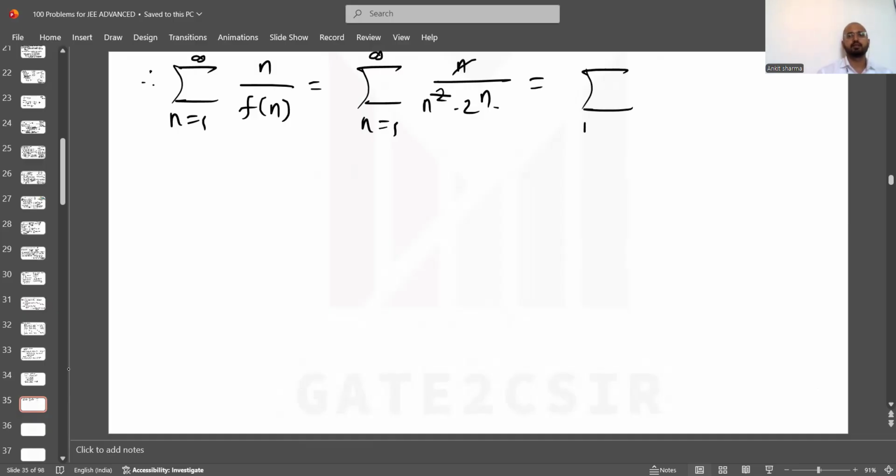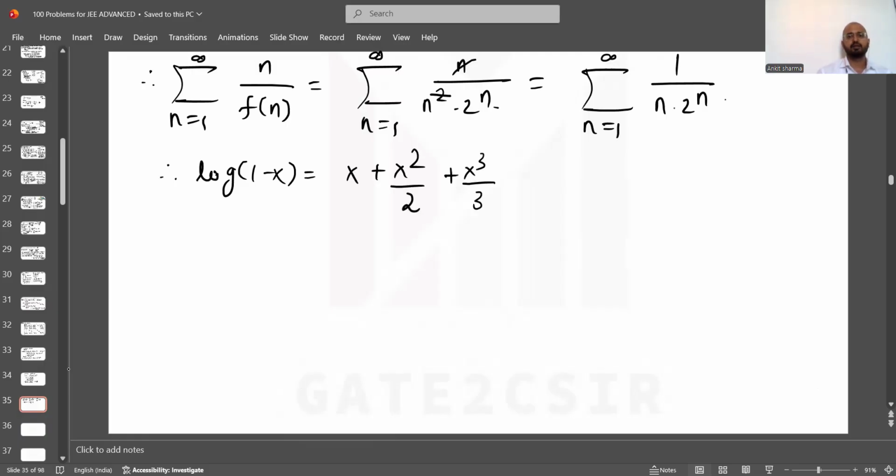I basically get sigma n equal to 1 to infinity 1 upon n into 2 power n. For this we'll consider the log series: log of 1 minus x will be minus of x plus x square by 2 plus x cubed by 3 plus x to the power 4 by 4 and so on.